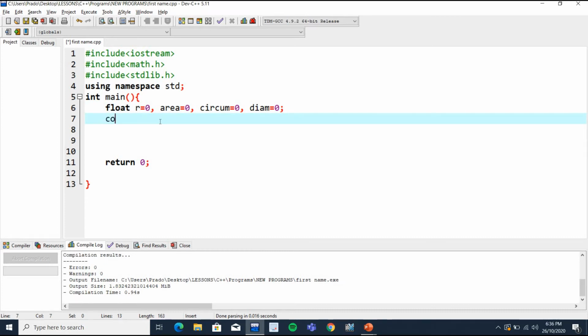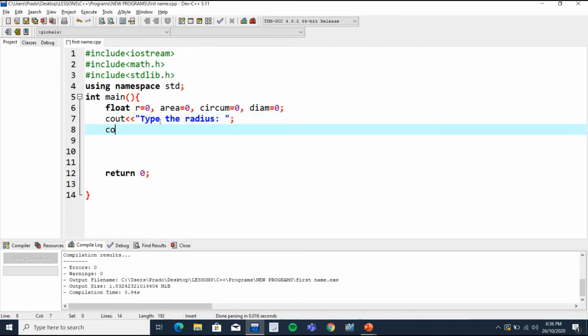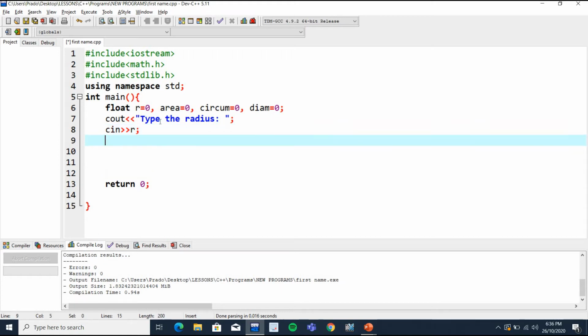So, next po is kukunin na po natin yung radius mula kay user. So, cout, type the radius, then semicolon, cin, next is r for the radius.